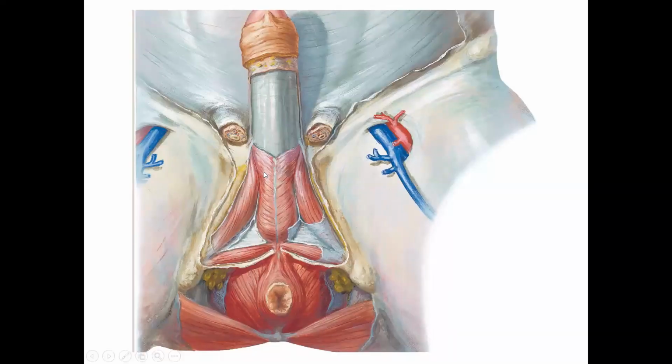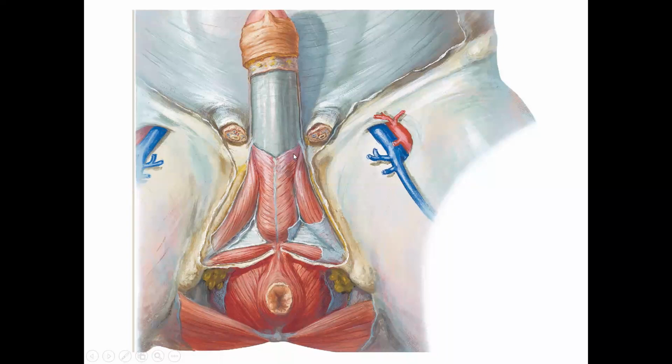So here we are seeing the 2 crura covered by a muscle, that is the ischiocavernosus, and the bulb, which is in the center, which is covered by bulbospongiosus. The 2 bulbospongiosus on either side join together in the midline, forming the bulbospongiosus raphe.